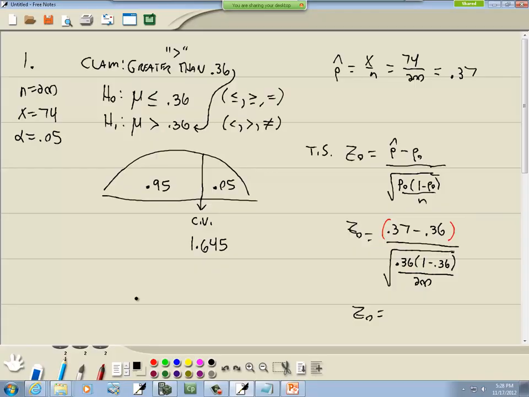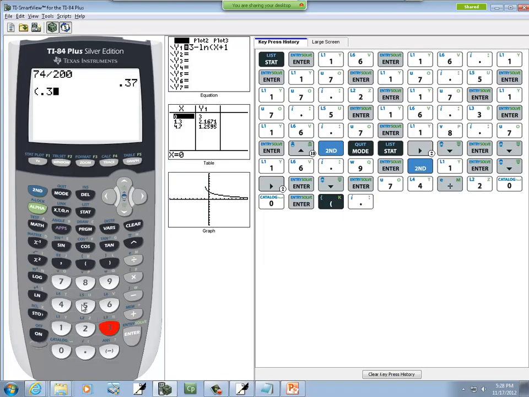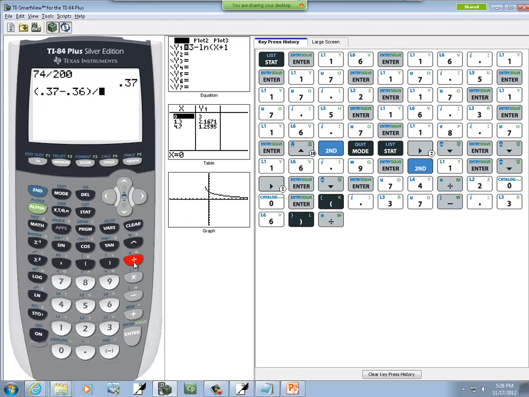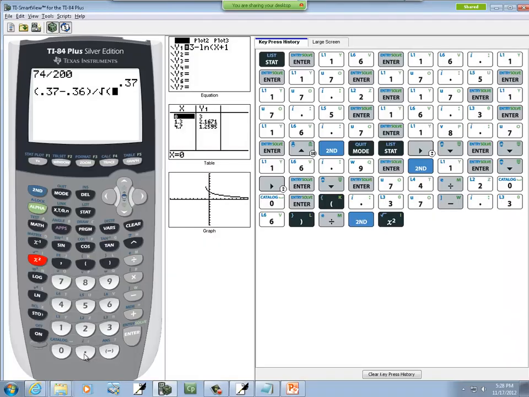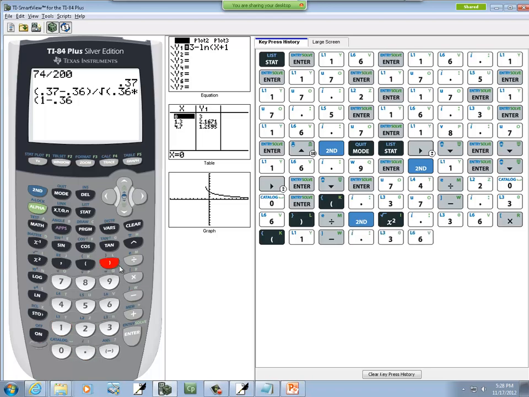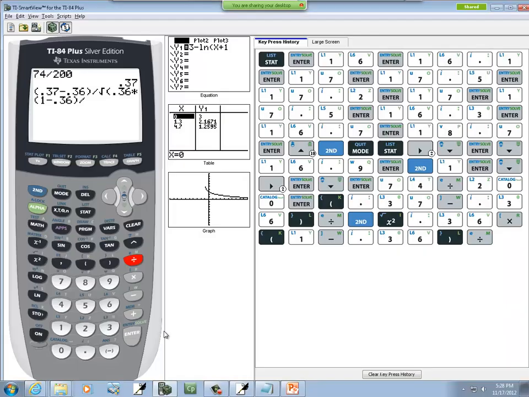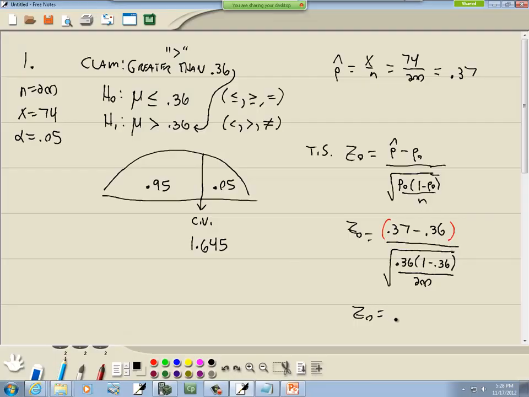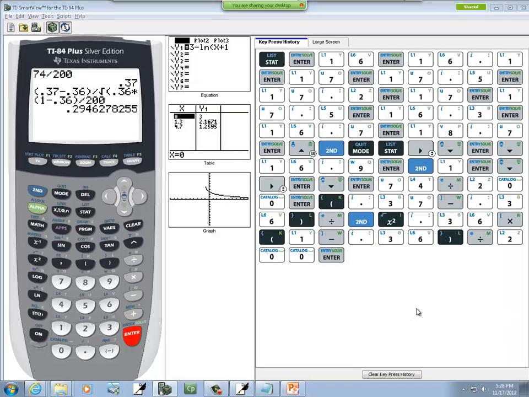So I'll put beginning parentheses 0.37 minus 0.36, closing parentheses, divided by second x squared for the square root, 0.36 times beginning parentheses 1 minus 0.36, closing parentheses, divided by n, which is 200. Then press enter, and we get 0.29.